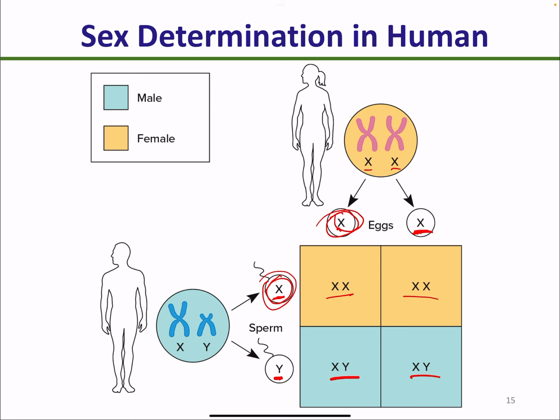In other words, whenever dad gives the Y, the child is going to be a male. Whenever dad gives the X, the child is going to be a female. In other words, really, dad is the one determining the sex. Okay, whether dad is giving an X or a Y, it's what determines the sex.